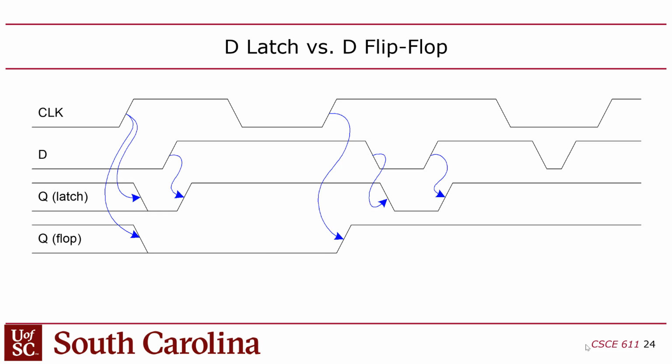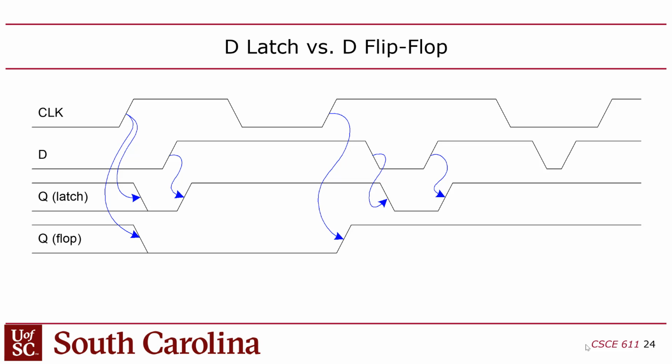But the difference is that a latch is level sensitive, meaning that whenever the clock is high, the output of the latch will basically be whatever D is, right? So while clock is high, if I raise D, then Q goes up. Now the problem is that if clock goes down, whenever clock is low, it locks in the value of Q, which actually doesn't happen yet, because by the time D changes, clock is back up high again.